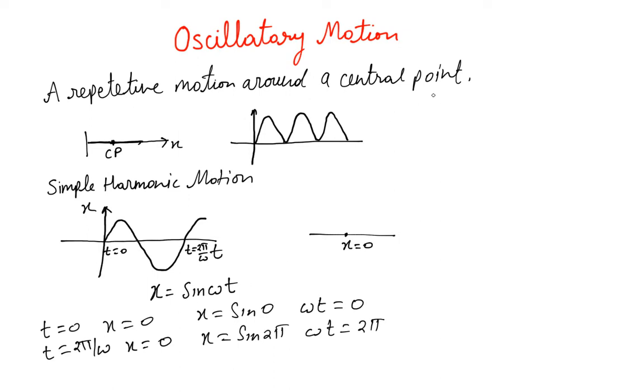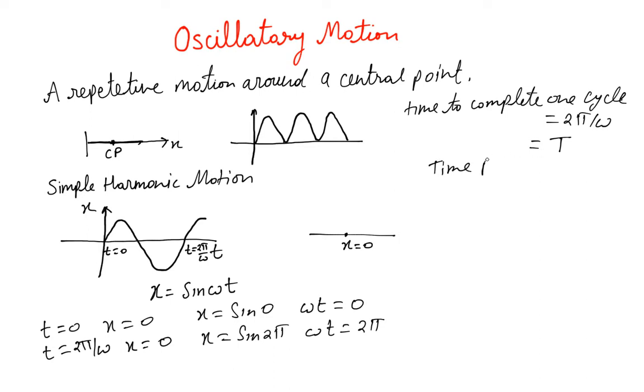So we are saying that the time to complete one cycle is 2 pi divided by omega, and this is represented as a capital T, and is also called the time period, the time taken to complete one cycle.